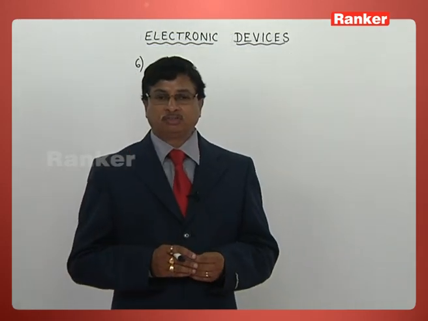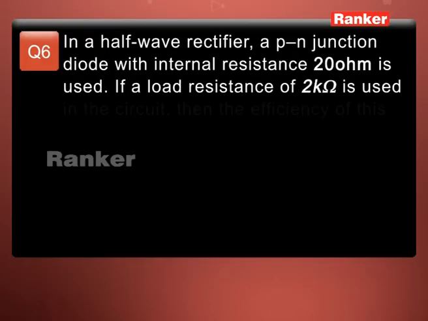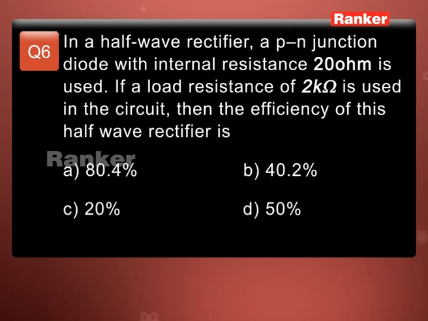Check problem number 6 now. In a half wave rectifier, a PN junction diode with internal resistance 20 ohm is used. If a load resistance of 2 kilo ohm is used in the circuit, then the efficiency of this half wave rectifier is?